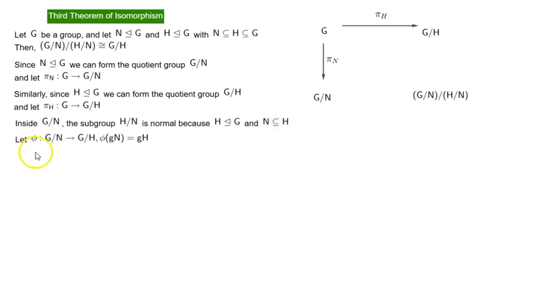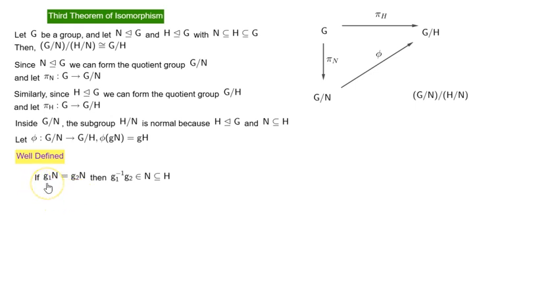Now let phi be the homomorphism from G/N to G/H, where phi of the coset gN is equal to the coset gH. This is what we are talking about. Phi is the homomorphism here. We have to make sure that phi is well defined.